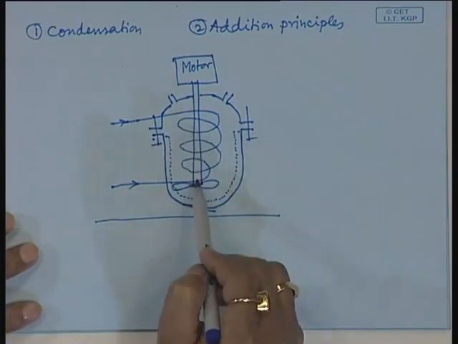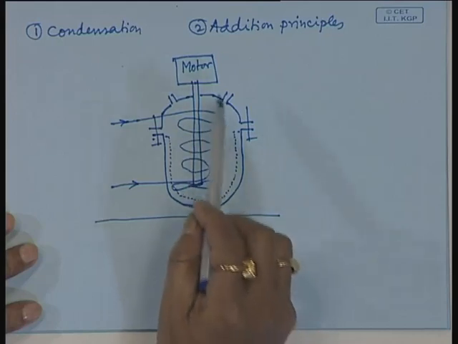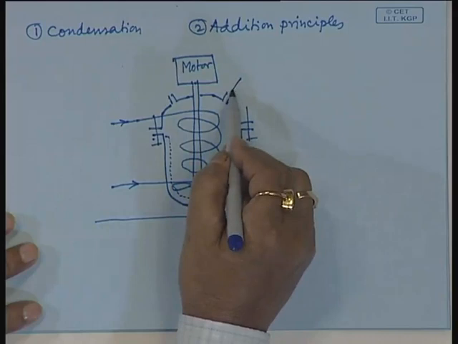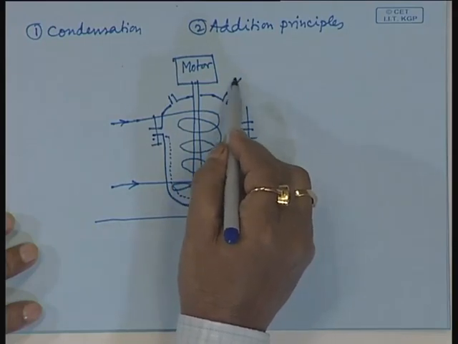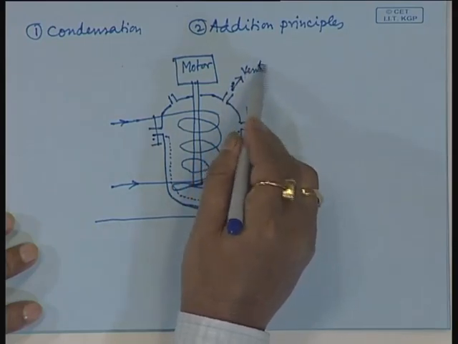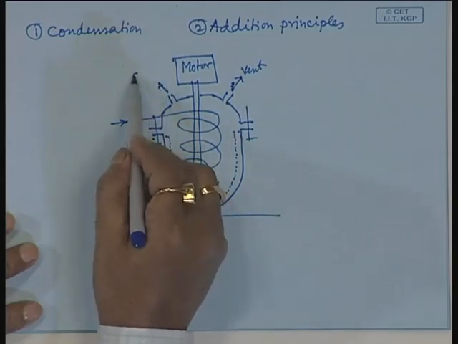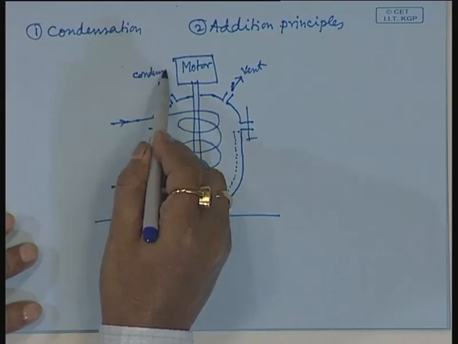Now, this is a huge stirrer which is fitted with the motor, then that may be a vent, this may be connected to a condenser, etc.